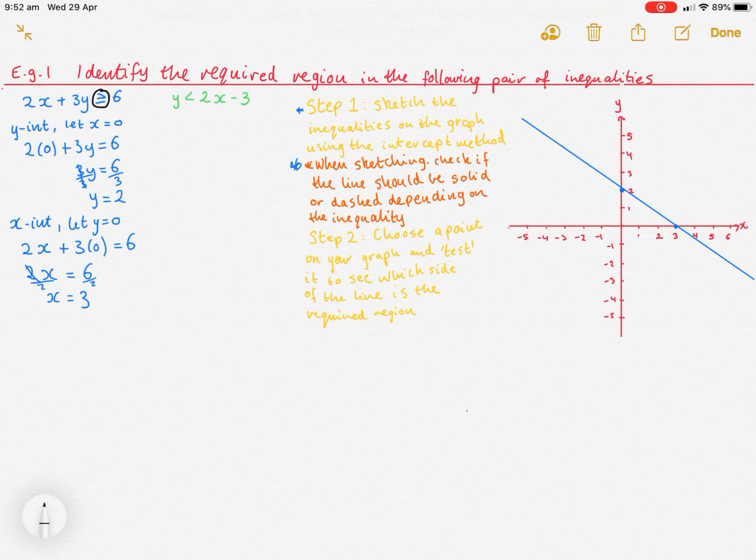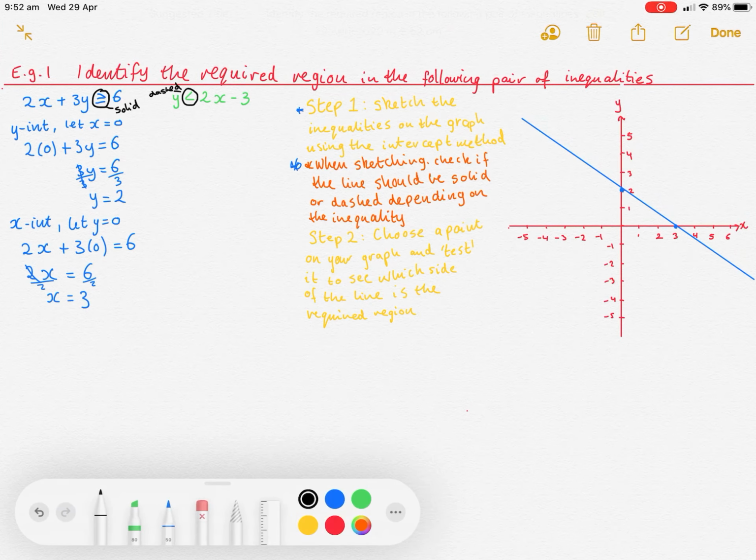The fact that it's equal to means it's going to be a solid line. So luckily, I just did a solid line. Whereas the one over here doesn't have an equal to, a little line underneath it. So that means when we sketch this one, it's going to be a dashed line. It's good to check this before, because you might skip ahead like I just did.